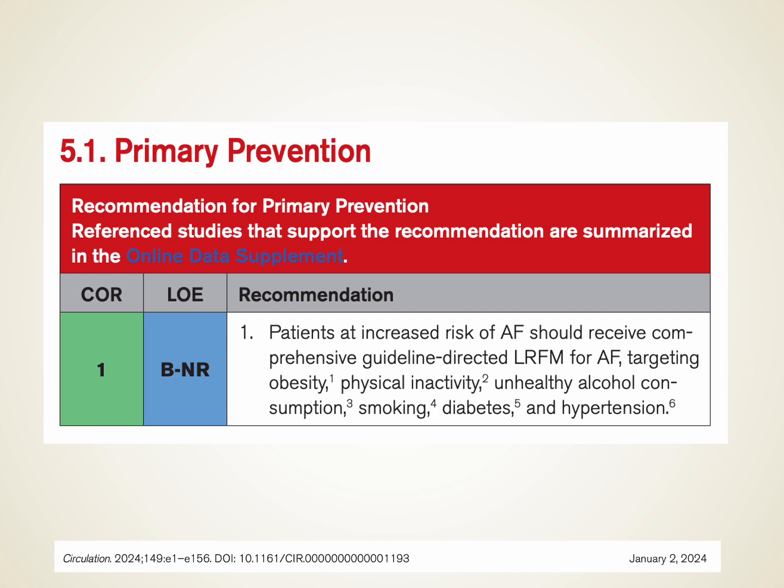There's lots of these types of tables with recommendations focusing on certain principles. One here is the role of primary prevention, and all of the things that are foundational for reducing the risk for AFib are listed here, including managing obesity, physical inactivity, alcohol consumption in excess, smoking cessation, glycemic and diabetes management, hypertension.